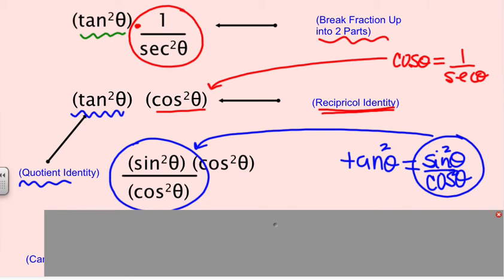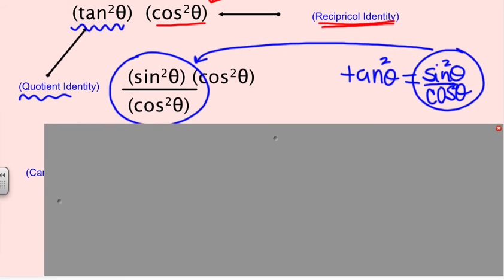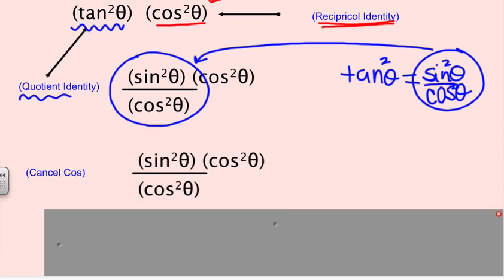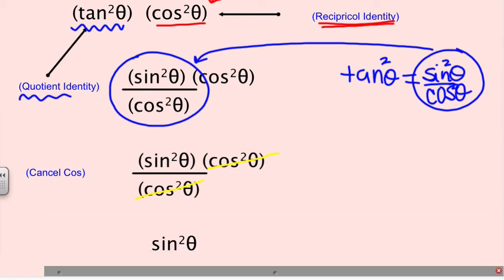Do you see something that you can cancel out now? So I just rewrote this, and I can cancel out this cosine squared of theta and this cosine squared of theta. So what I'm left with is just the sine squared of theta. This is my final answer.